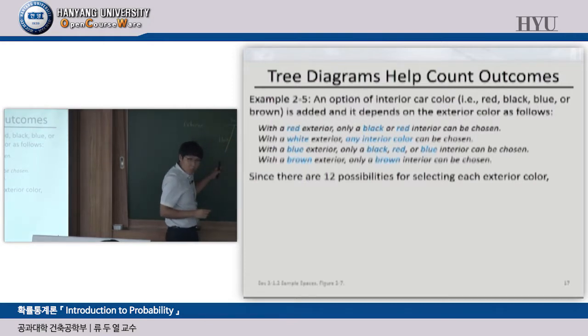In this case, what is the number of the total outcomes? We have 12 possibilities before selecting the exterior. And we also have the 2 options for selecting interior based on the exterior. So the total number of outcomes will be 12 multiplied by 2. Okay? So this will be 24. What about the case of the white exterior?